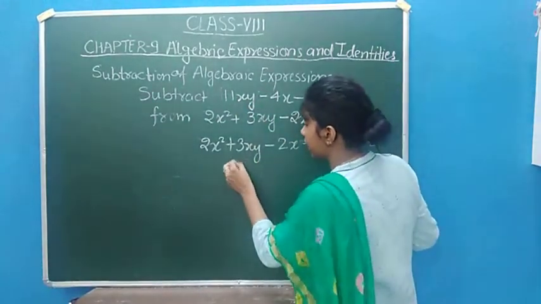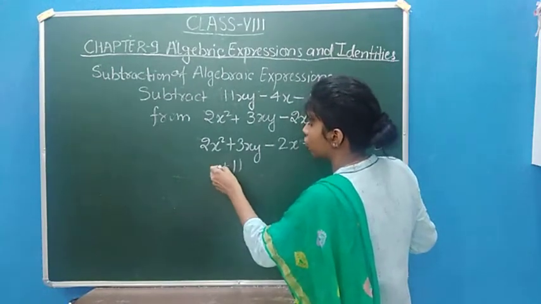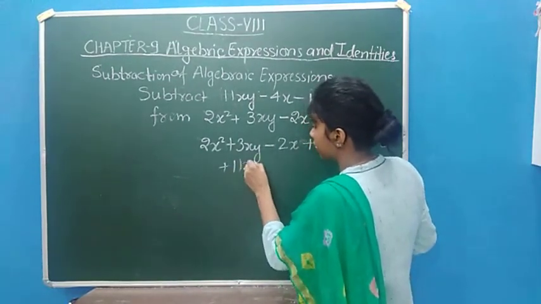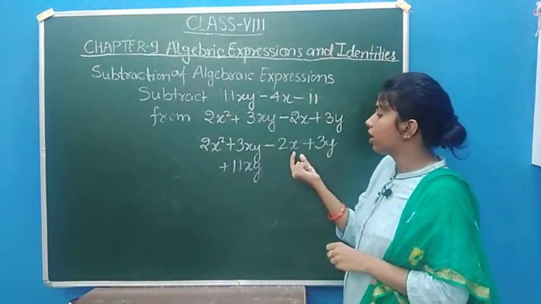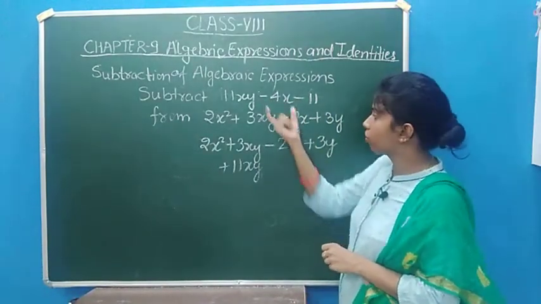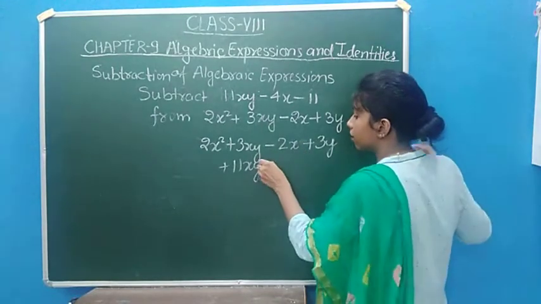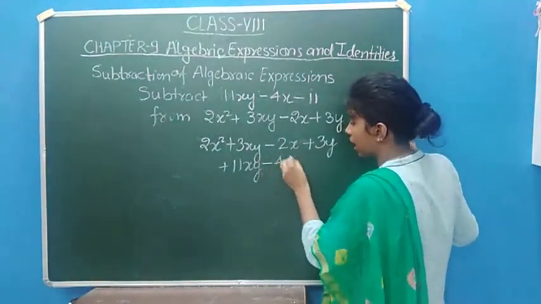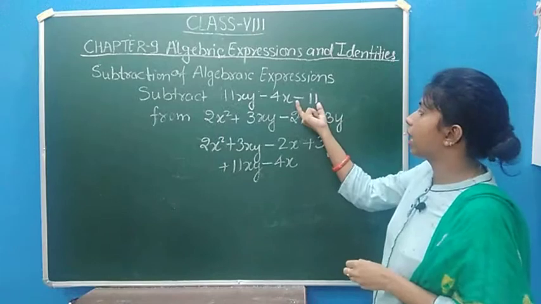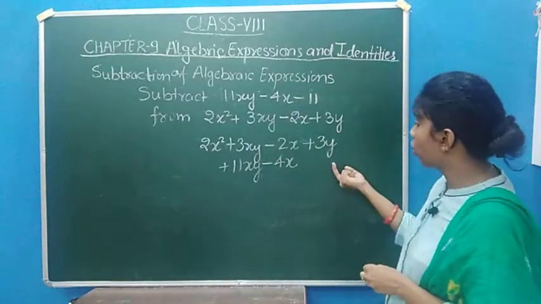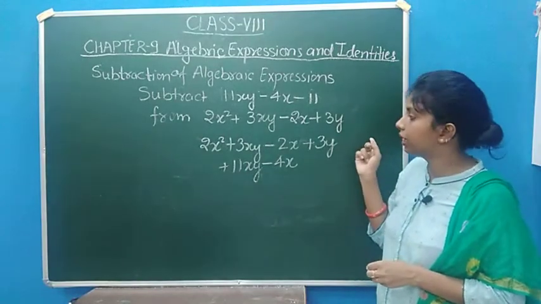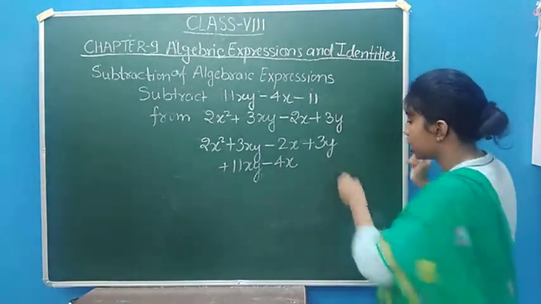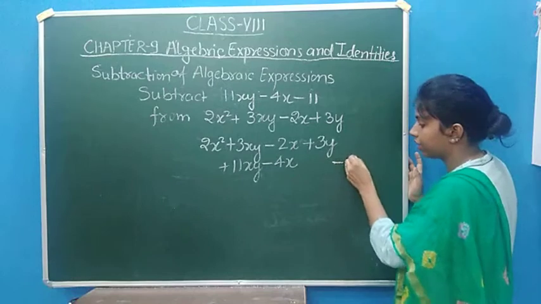Here we have plus, so plus 11xy. Then minus 4x. Here we have variable x, so of course we write minus 4x. And at last we have minus 11. We don't have any like term for it in this expression, so we write it separately.